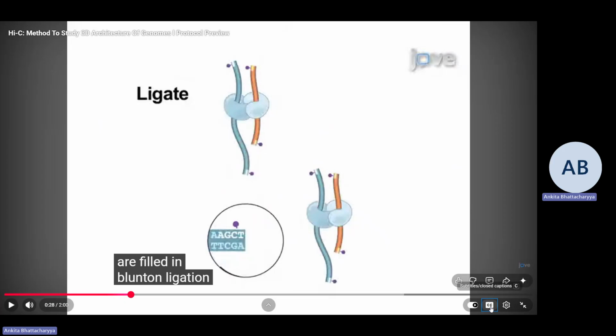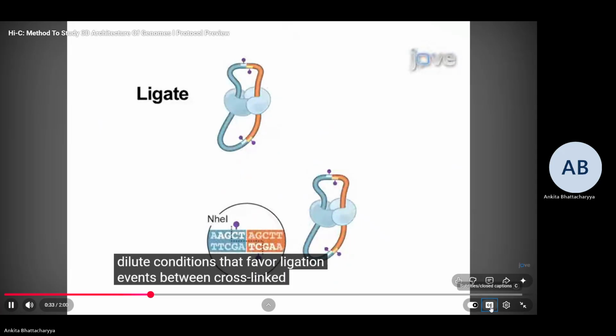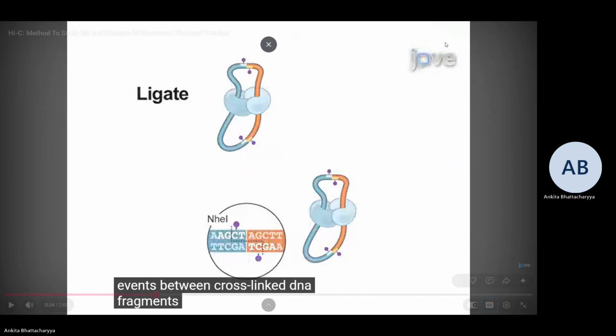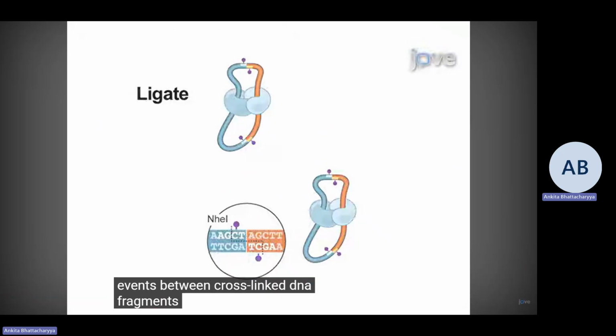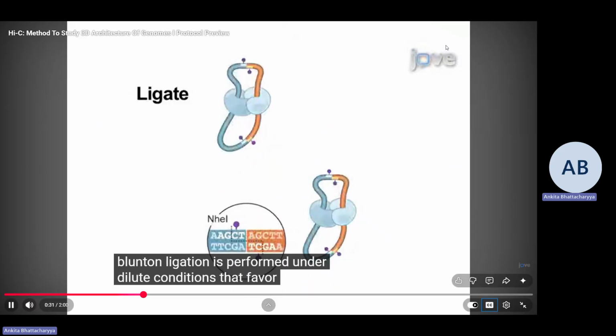And then after this biotinylation step, they can be ligated to bring them close together, so that is the logic behind using extremely diluted concentrations of our target enzymes, and it allows blunted ligation to proceed.